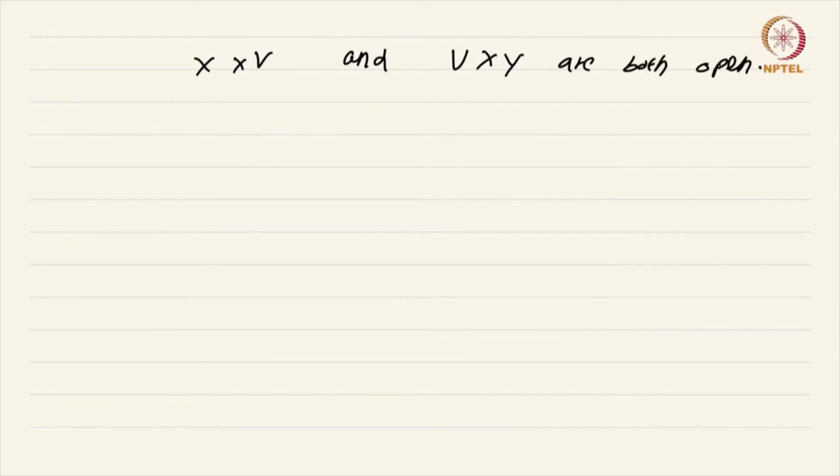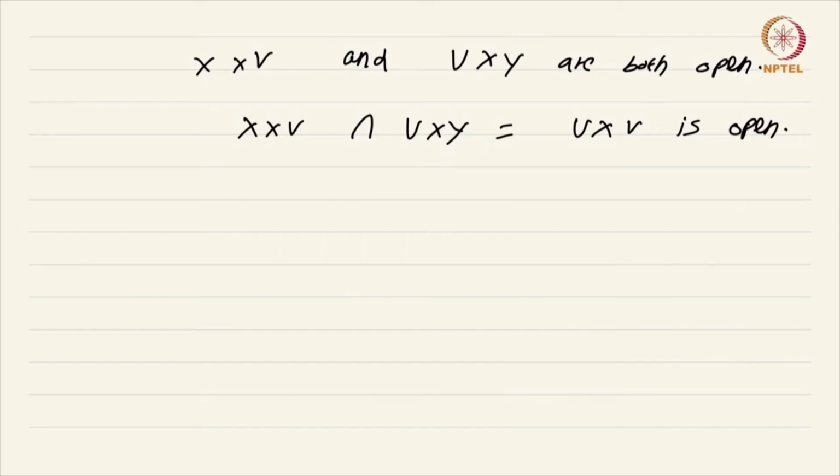That means the intersection (X cross V) intersect (U cross Y), which is nothing but U cross V, is open. Okay, that was rather easy. By using the fact that closedness is preserved by taking products, we have shown that openness is preserved by taking products.